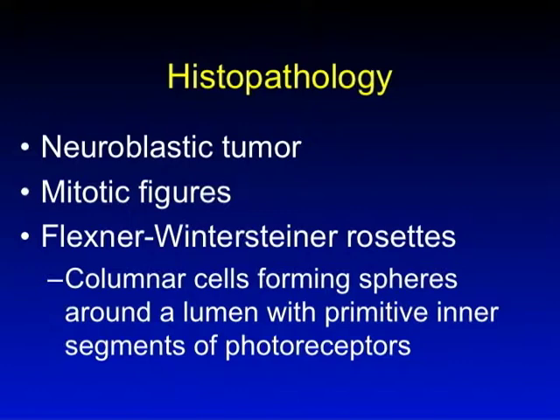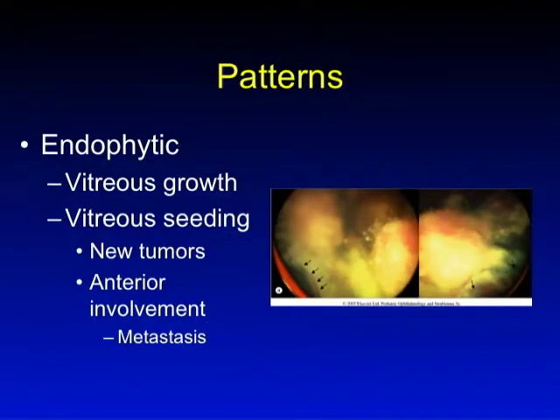The typical pathology is what is called Flexner-Wintersteiner rosettes. This tumor that is elevated here, flat here, elevated, is an endophytic tumor causing a retinal detachment. These white spots that you see here are called vitreous seeding.